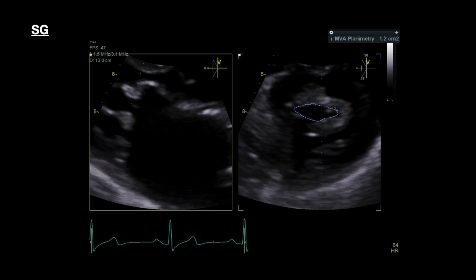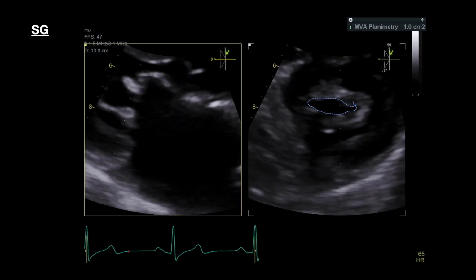And they've also used some other 3D and later on 4D for planimetry to measure mitral valve area, and this measurement's 1.2 and 1. And this also demonstrates where they're lining up.